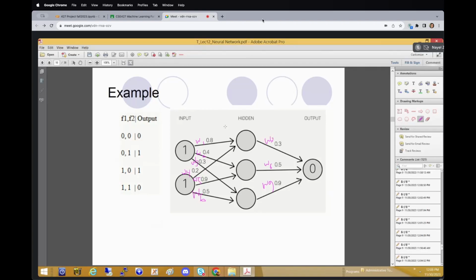In our first iteration, we just assign those values randomly between 0 and 1.